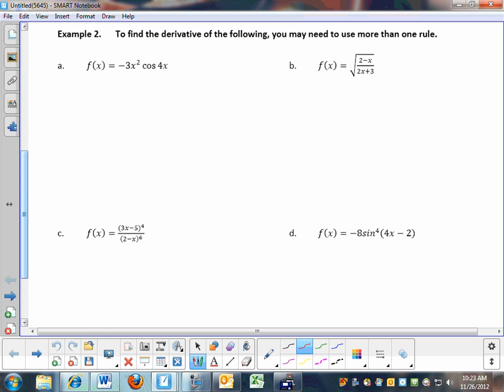You could do 2 minus x to the 1/2 over 2x plus 3 to the 1/2, though I'm not going to recommend it. In that situation, what would you do first, the quotient or the chain? Quotient first here, and then you would have two chain rules to perform. Here, you do the chain rule first, and then the quotient inside there.